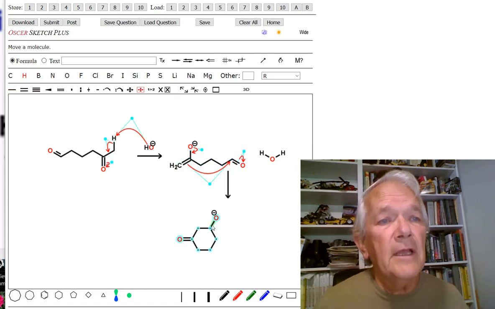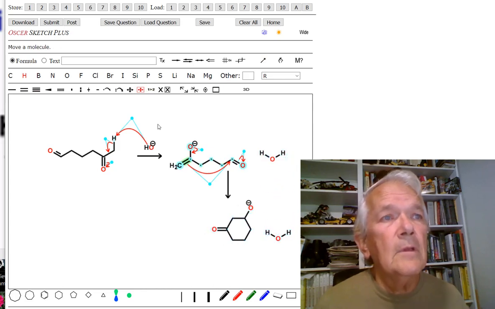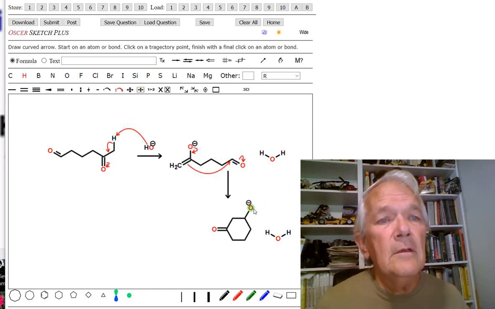Now, of course, this cyclized product is going to get protonated from the water. So we pick up a proton from the water and form our protonated species.